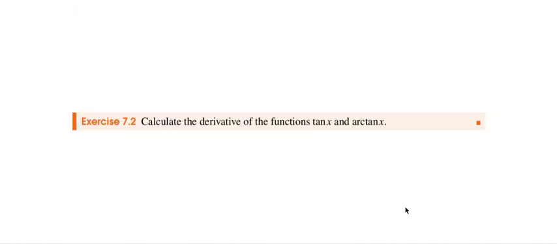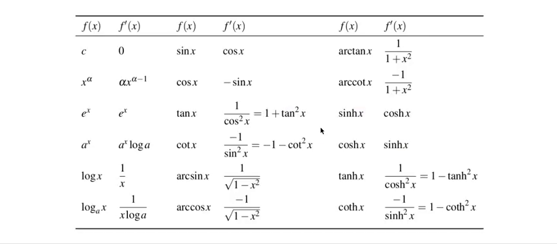Now, using the same technique, you can compute the derivative of the tangent and the arctangent. For the tangent, you need the derivative of the quotient, and for the arctangent, once you have the derivative of the tangent. And finally, this is a table of the derivatives that you need to know. Some of them we have proved already: the derivative of the constant, x to the alpha, e to the x, a to the x, the logarithms, and the trigonometric functions.